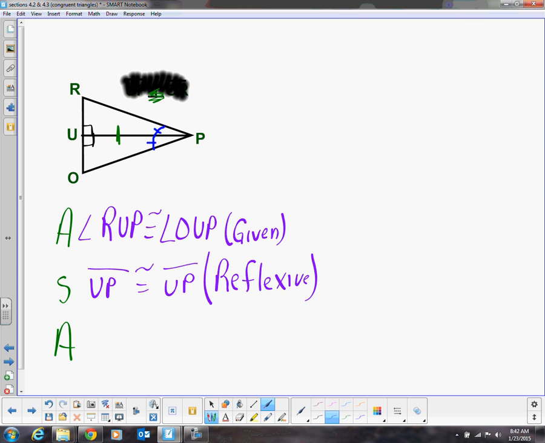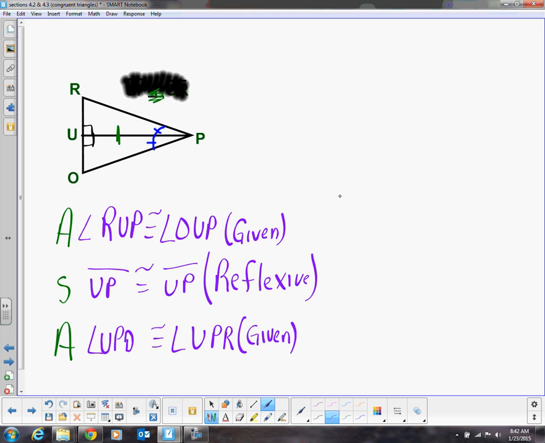All right, what's our third angle, Maria? Or our second set? Come on. She's named the right ones. You got to name these. Can't start with P. That's the vertex. U, P, O is congruent to U, P, R. That was already marked.